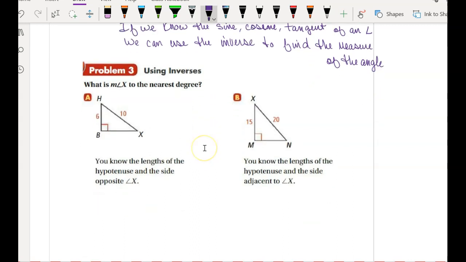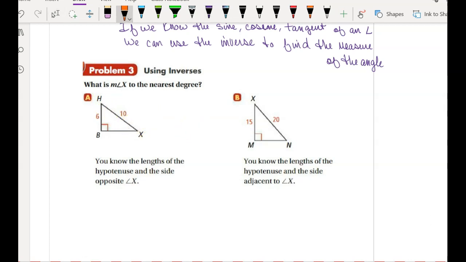So wait a second, what does that mean? If I want to know the measure of angle x to the nearest degree, I look and see what I have. I have opposite and I have hypotenuse.